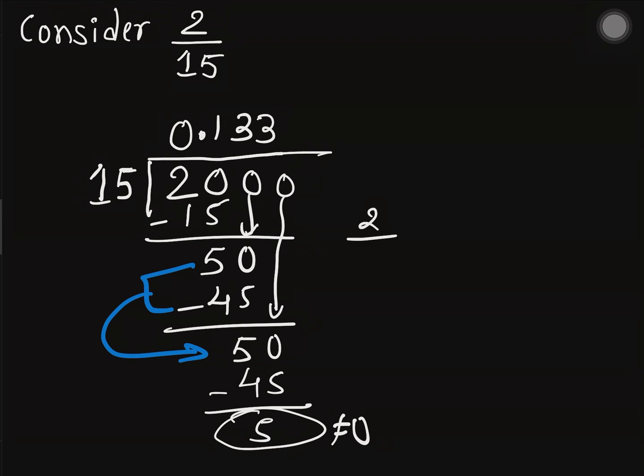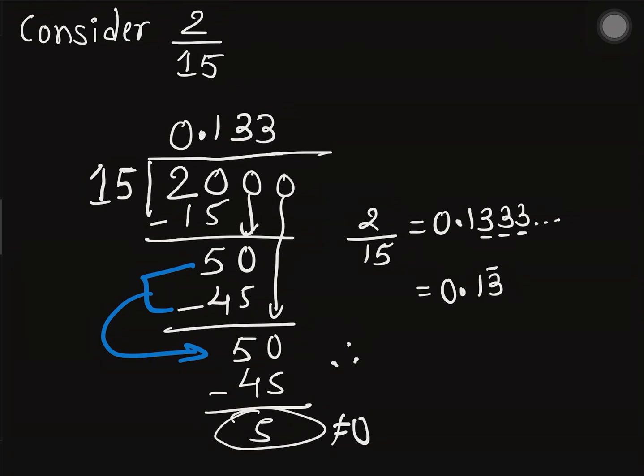So you will get a non-terminating but repeating pattern. 2 by 15 is 0.1333 and so on. So 3 is repeating. So 0.13 bar. Bar is on 3 only.